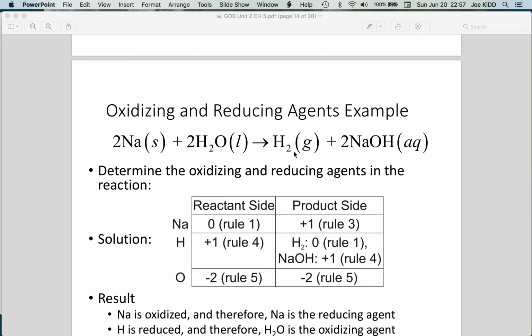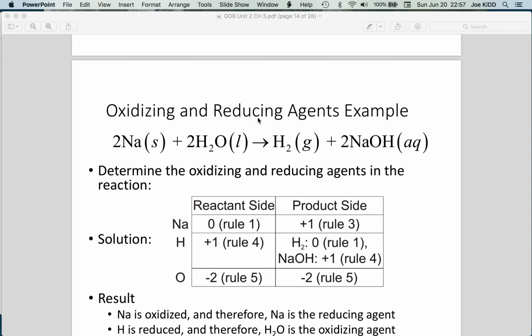We have a hydrogen in the form of hydrogen gas, and we have hydrogen in the form of NaOH. Let's do the NaOH first, because that's the easier one. It's a combined hydrogen, which means this is going to be a +1. So the hydrogen in the NaOH did not change as it went through the process, right? It stayed the same, +1 and +1.